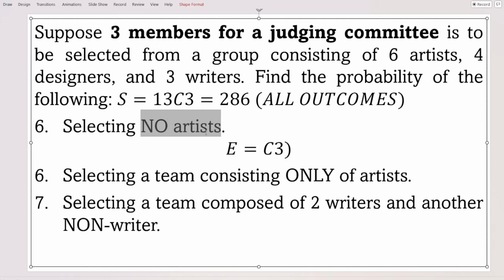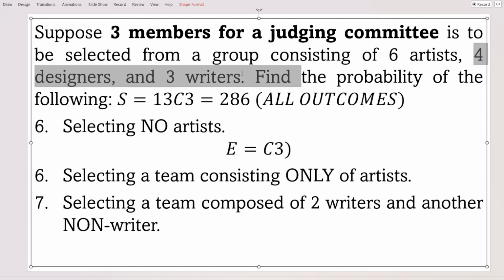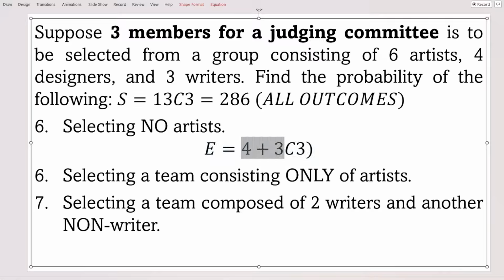There are no artists in this particular problem. So we remove the 6 here. If we remove the number 6, we are left with 4 designers and 3 writers. So this is 4 plus 3, which is basically just 7. So 7 combination 3 is equal to 35.